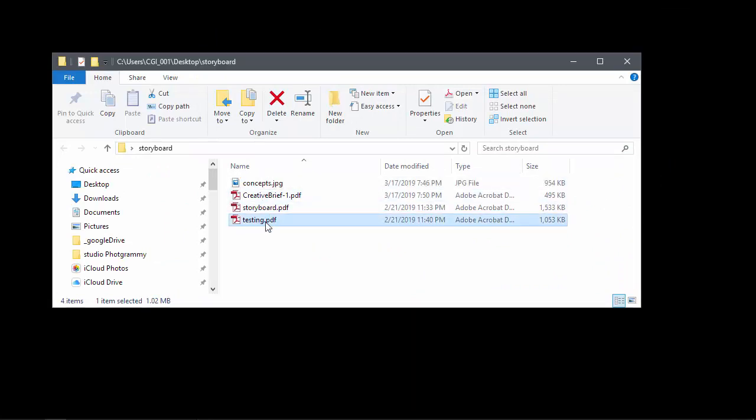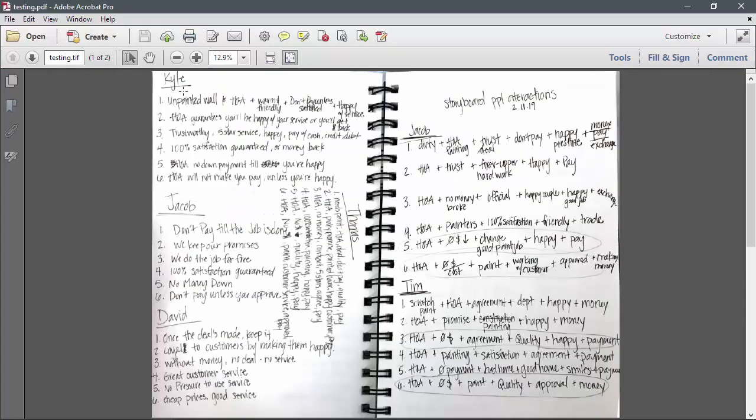So here is the testing on this. We document the student or the person that we are testing, and you can see from the 6 messages, the person said unpainted wall and HOA, warm and painter friendly.